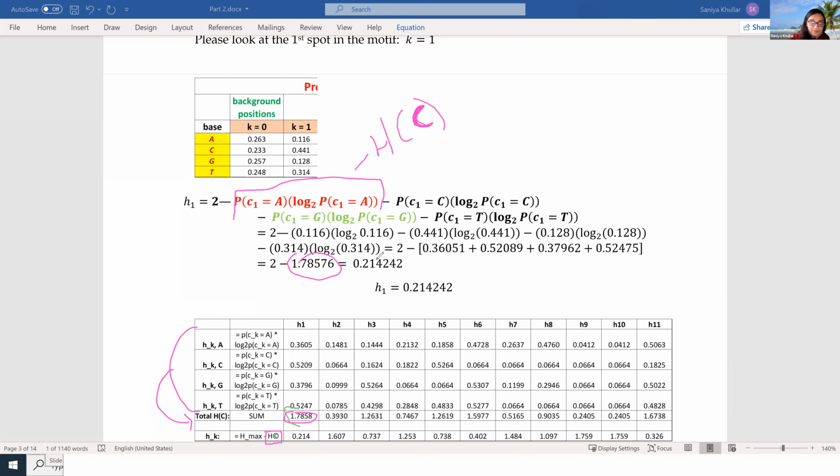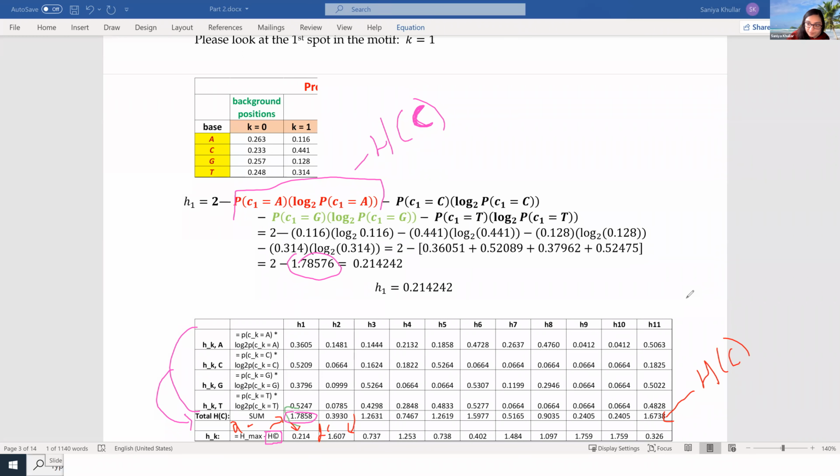So it's just going to be 2 minus these values. In essence, 2 minus this value right here is going to give you this. So if you take 2 minus 0.333, that gives you this value right here. So maybe I'll show you here, this is your HC.